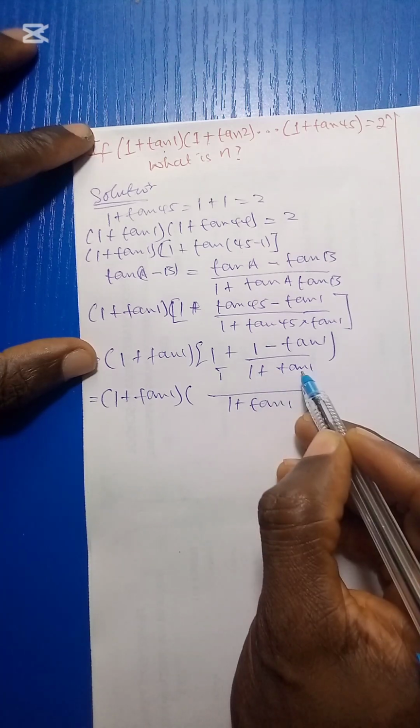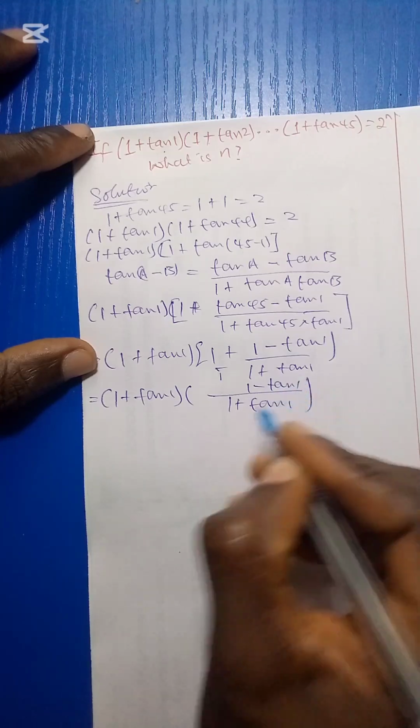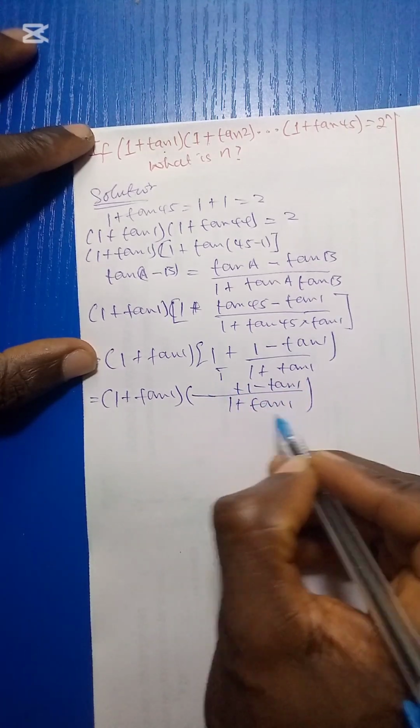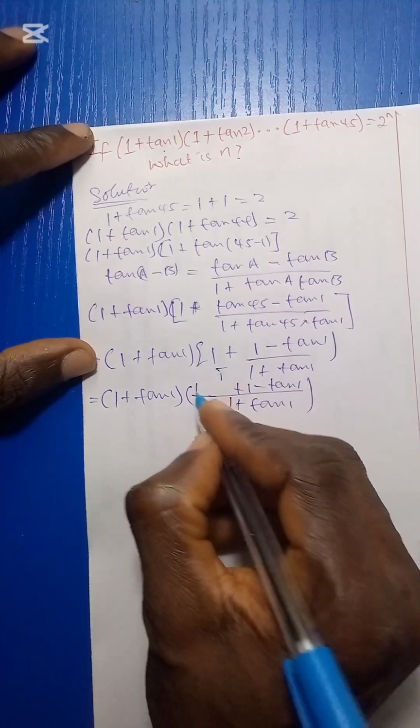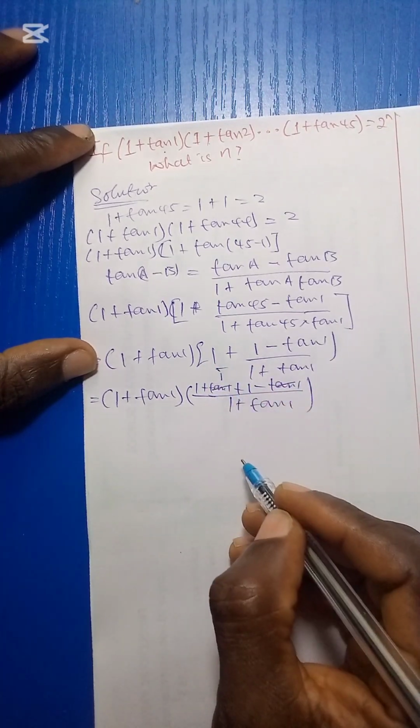Now this divided by this will give us 1. 1 times this is 1 minus tan 1. Then plus this divided by 1 will give us this. 1 plus tan 1 times 1 is 1 plus tan 1. So this and this will cancel out.